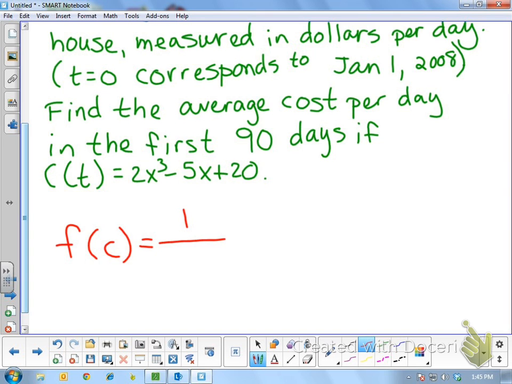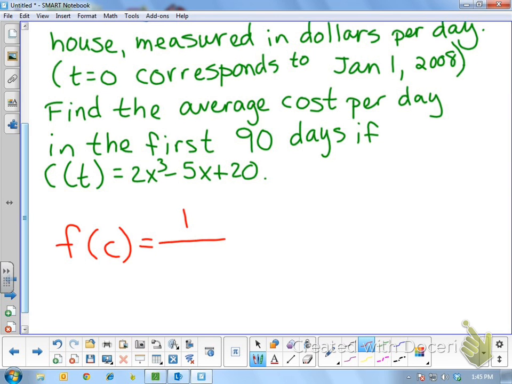Well, yes, it says t equals 0 corresponds to January 1st, 2008, but that's not actually what tells me to use 0 as a. The first 90 days. Okay. If I said the last 90 days of the year 2008, what would we use? That's a little bit harder.